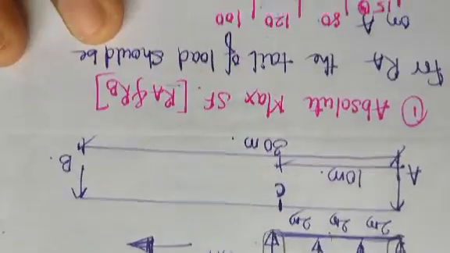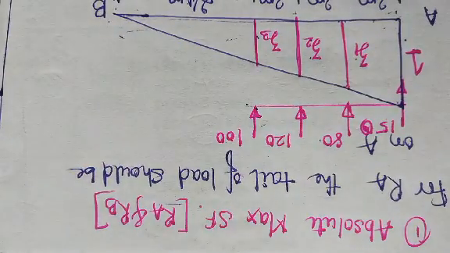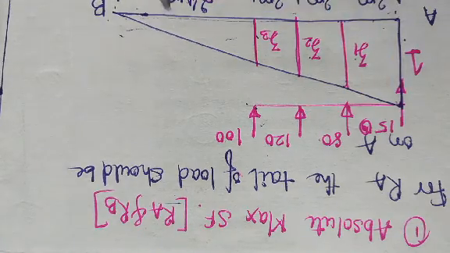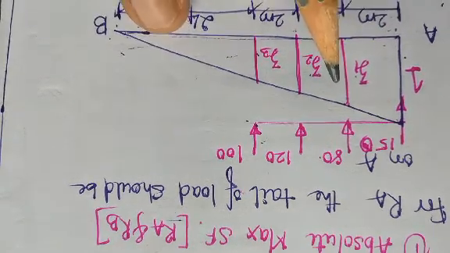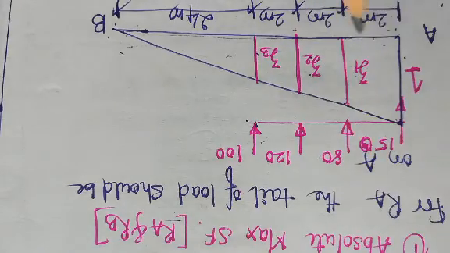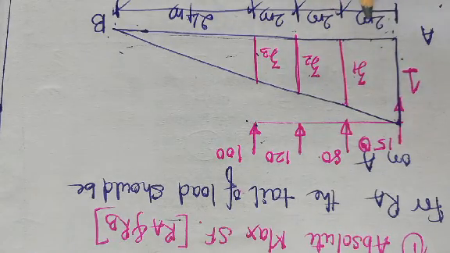So the given diagram will be like this. Here I have drawn directly the influence line diagram for reaction RA.